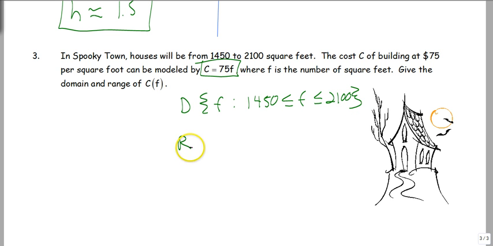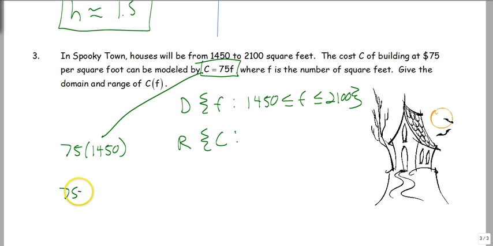The range can be values for C, such that, and this is where you have to figure out the cost, so I need to do 75 times 1450 for the lower end. I'm just plugging in 1450 for feet, and then on the upper end I need to do 75 times 2100, and when you solve you get 108,750 or you get 157,500.